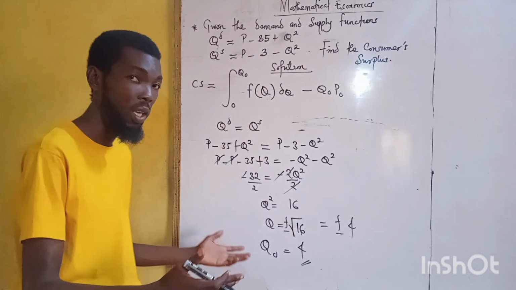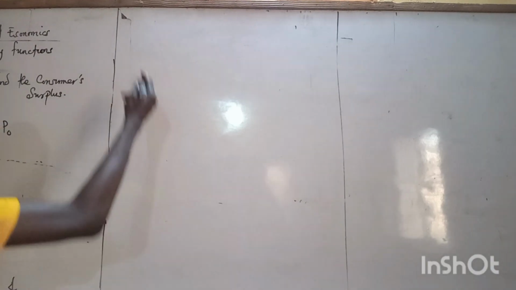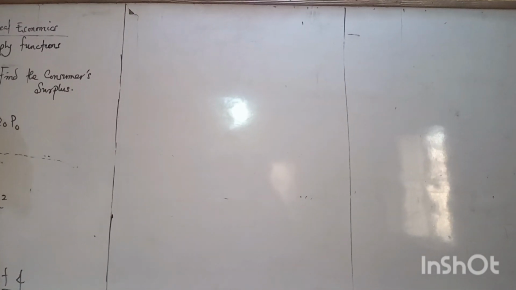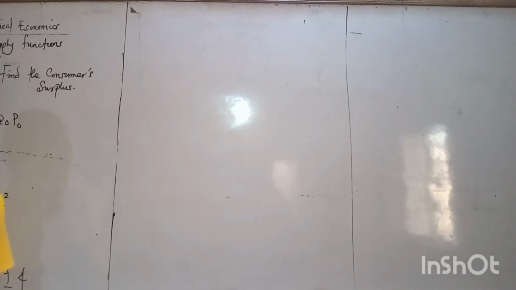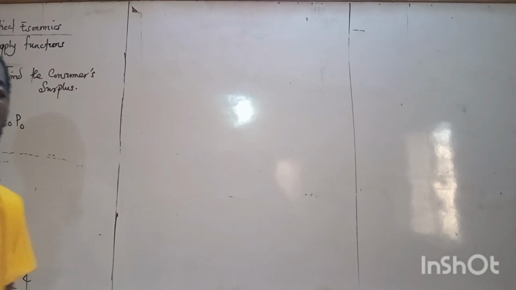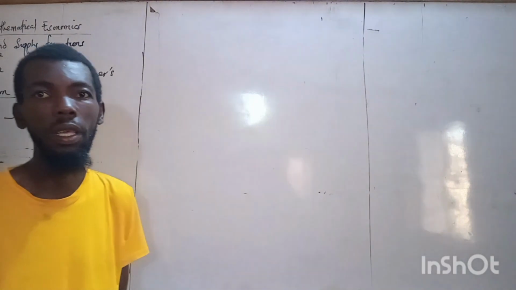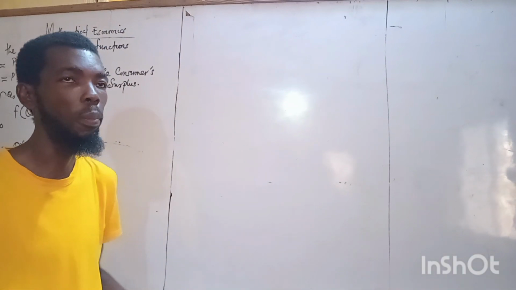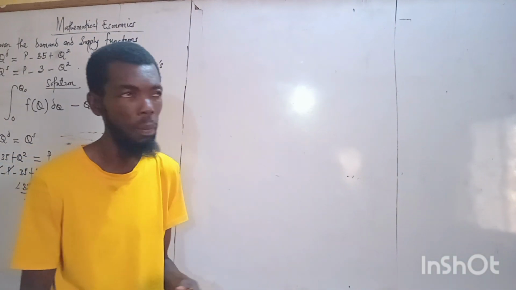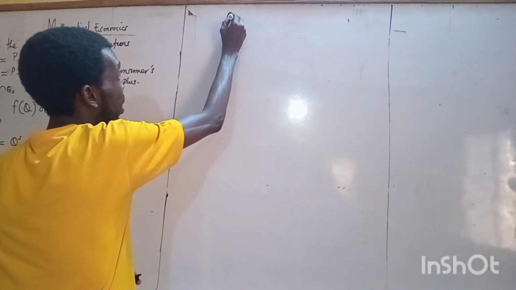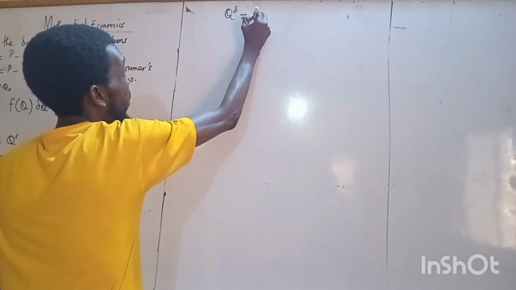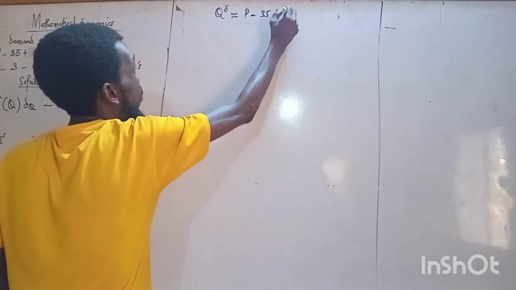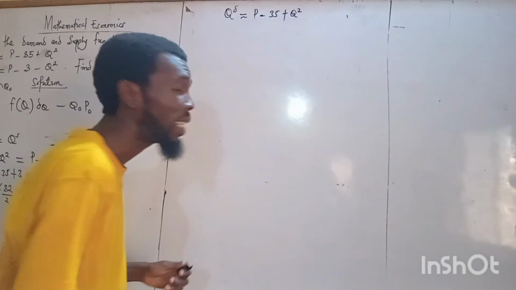Now, to get P, what do we do? Having got the value of Q to be 4, it is best for us now to get the value of P. We can get our P from any of the functions. Suppose we decide to use quantity demanded. QD equals P minus 35 plus Q squared. Now set that to be 0.